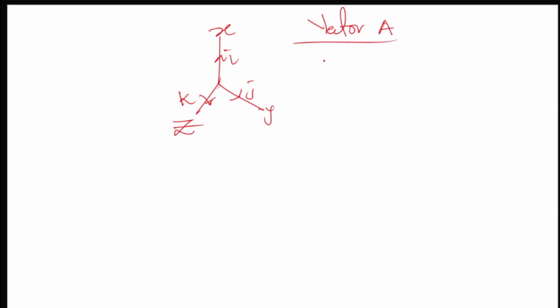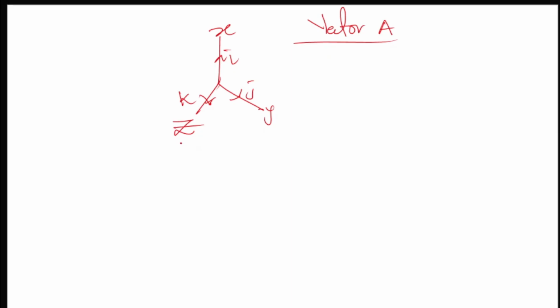If you want to represent vector A, you are going to represent vector A with respect to the three alphabets we are seeing on our Cartesian plane. What are the alphabets we are considering?